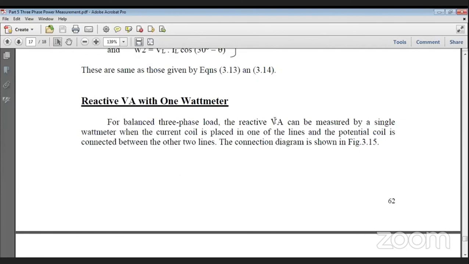Well, earlier we have seen that it can measure reactive power indirectly. Can it measure directly? Directly means whatever reading you are getting is equal to the reactive power. Is it possible? The answer is yes, that is also possible. I can measure reactive power with the help of a wattmeter. How? Again, let me show you.